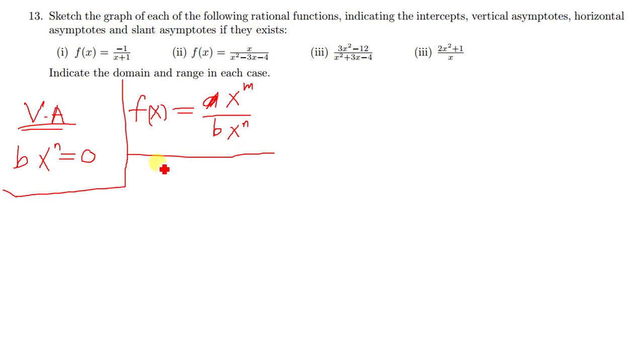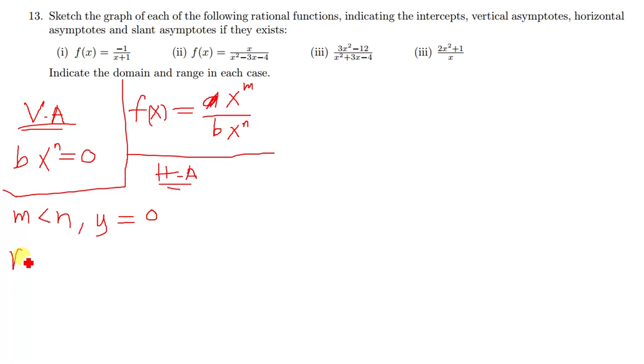And then to find the horizontal asymptotes, now you need to check the powers. You need to check the value of m and n. So if m is less than n, then the horizontal asymptote is just y is equal to 0.